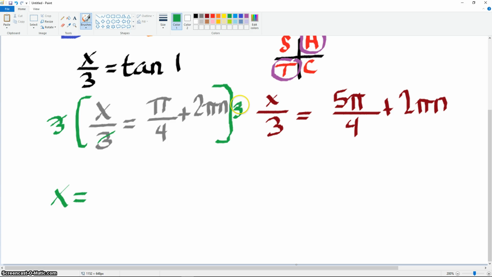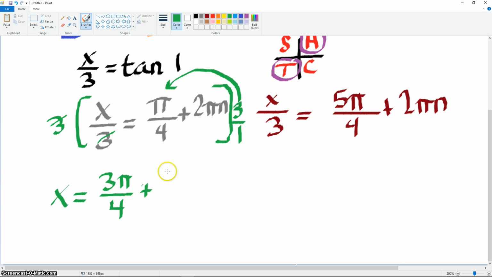Now here, let's make this 3 a fraction of 3 over 1. We're going to distribute this in here, and we have top times top, so we get 3 pi over bottom times bottom, so 4 times 1, and we get 4.